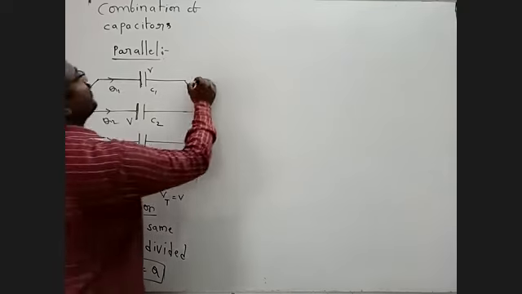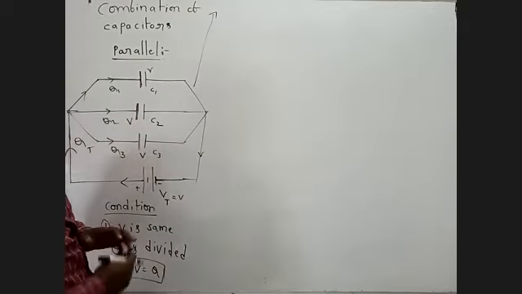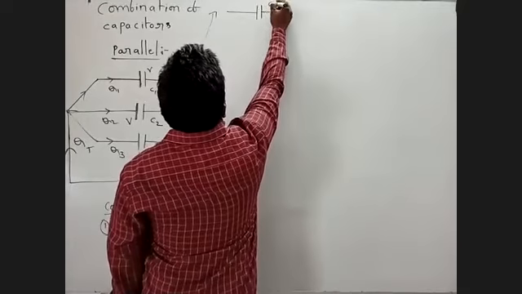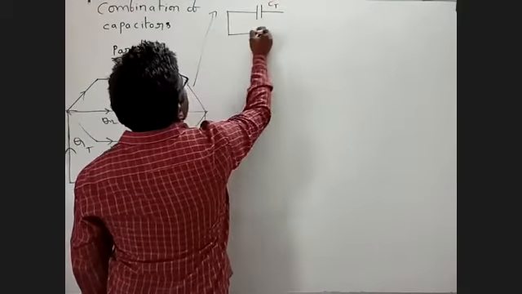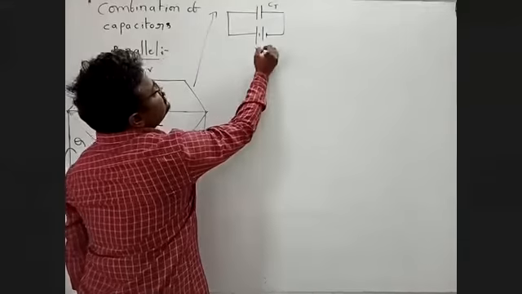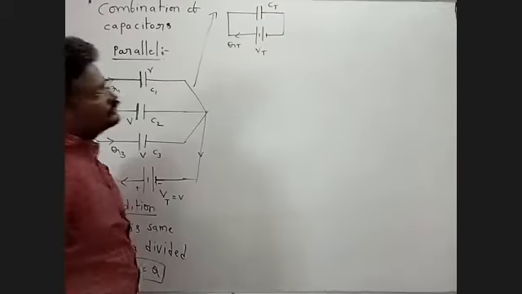This circuit has three capacitors, C1, C2, and C3, which are combined to form a C total. This is the V total, and this is the Q total.